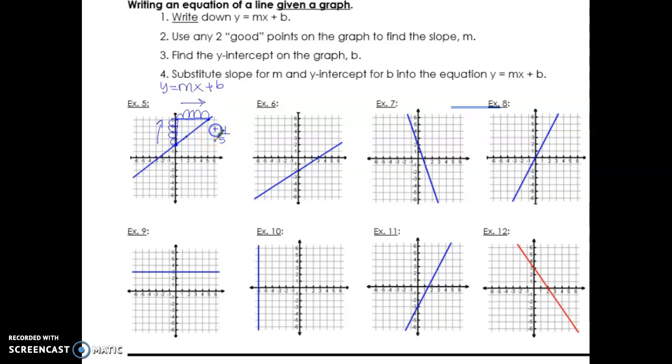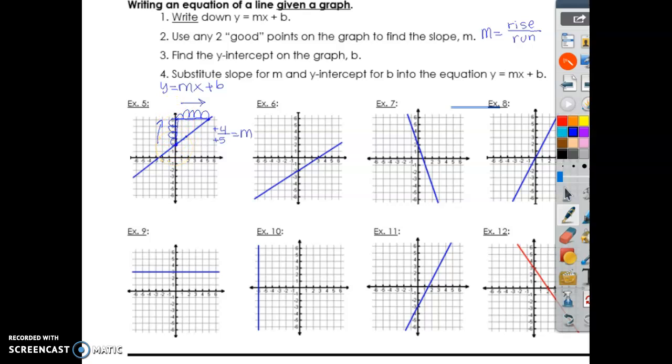So this is a positive 4 and a positive 5, and that is my m. Again, my m, or my slope, is found on a graph by using rise over run. So that's what we did here. We found our m. And then again, our b is just where our graph and our y-axis meet.